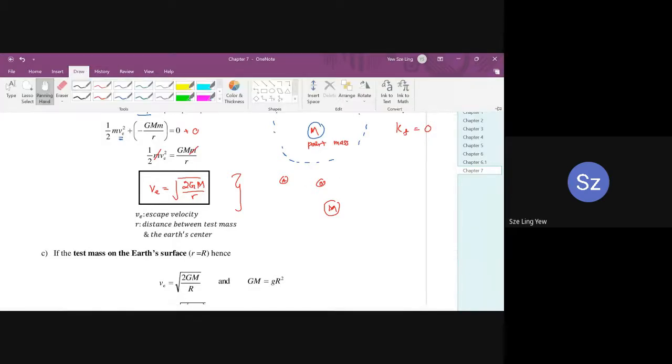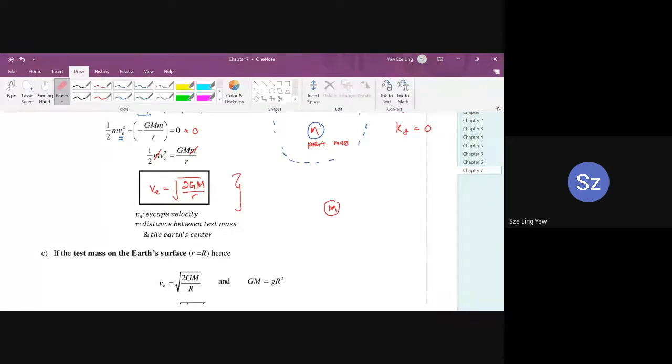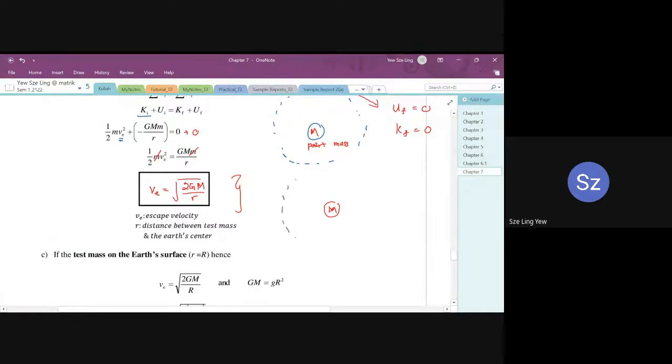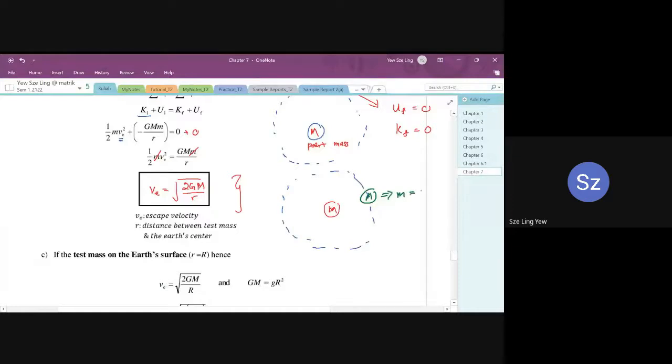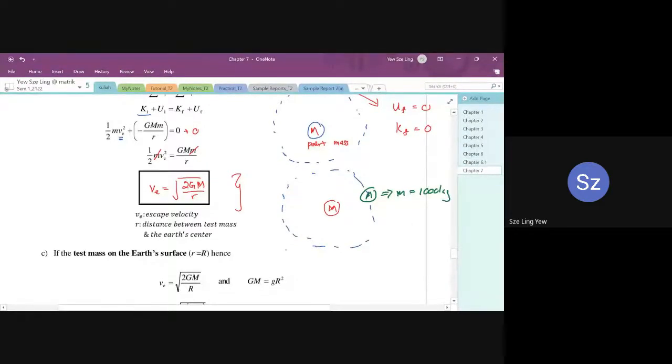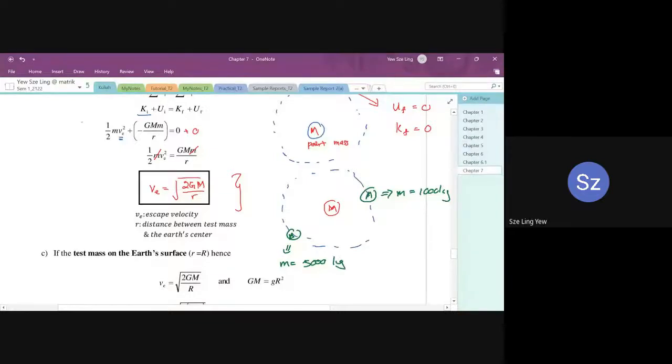Okay, I'm going to erase this first. Now let's say you have an orbit. I have object A, where m equals 1000 kg, and another object B, where m equals 5000 kg. The question asks you to calculate the escape velocity for them.